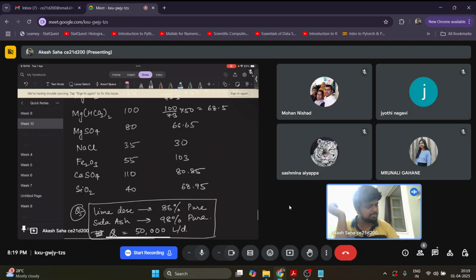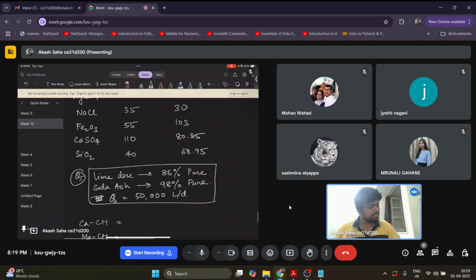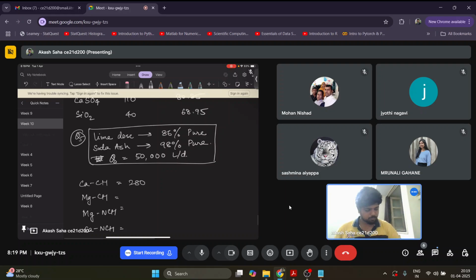Now see this table and tell me what is the concentration of calcium carbonate hardness. 280. So calcium with carbonate, there is no bicarbonate for calcium, so it is 280.